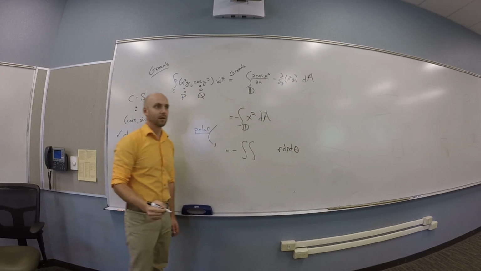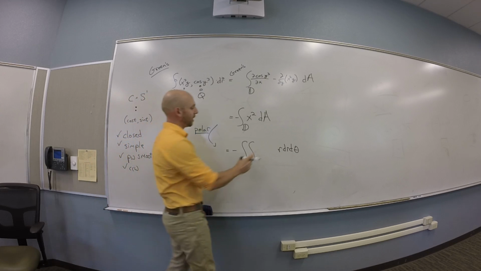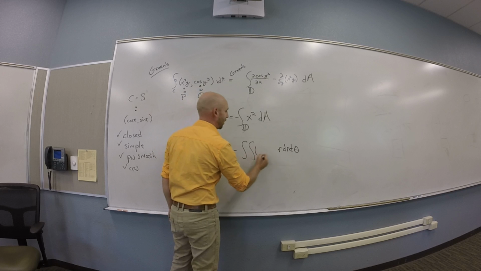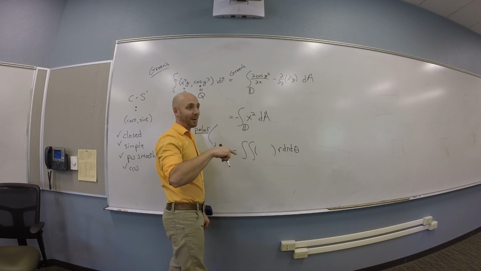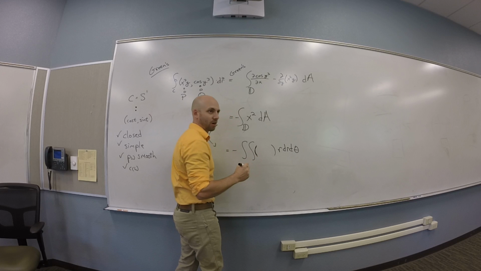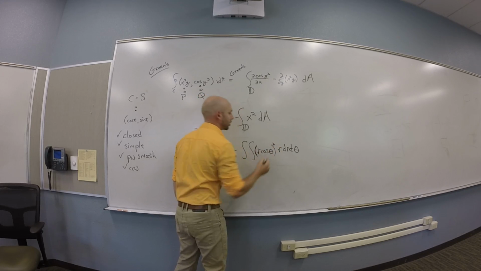Well, it should be x squared on the inside, but x's aren't allowed in here. That needs to be converted to polar. What's x in polar? r cosine theta. And we need to square that.